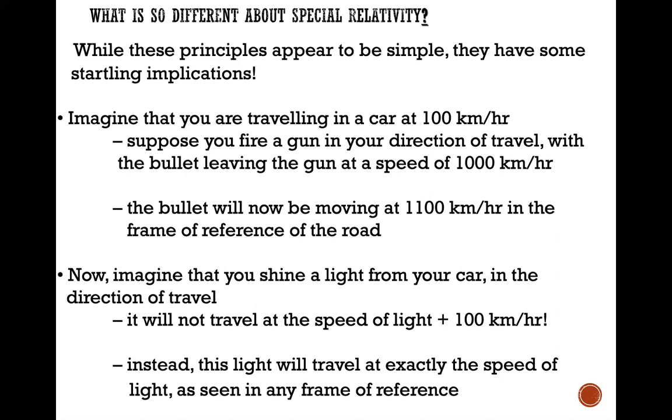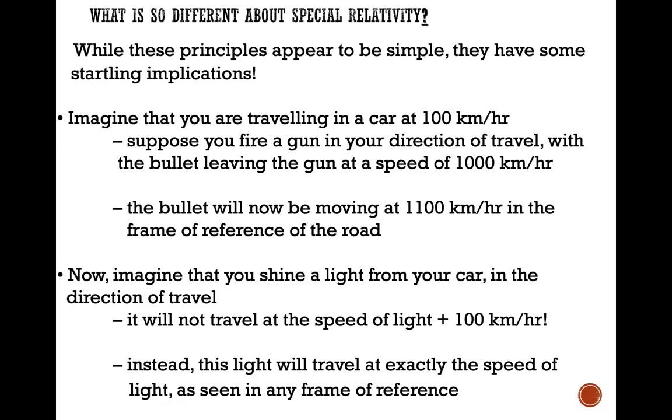Assume the bullet leaving the gun has a speed of 1000 kilometers per hour, so it is 10 times faster than your car. The final result is that the bullet will be moving at a speed of 1100 kilometers per hour in the frame of reference of the road. So if you are on the road looking at this bullet, what you will calculate is that the bullet is moving at 1100 kilometers per hour.